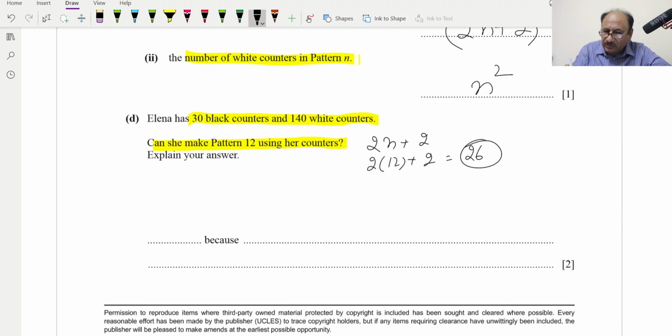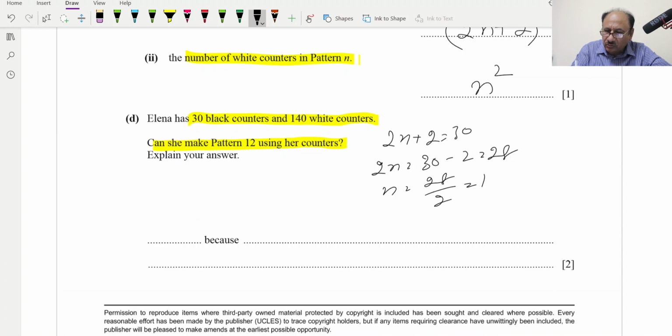Now we can equate this to 30 black counters, so we can write 2n plus 2 is equal to 30, and 2n is equal to 30 minus 2, which is equal to 28. So n is equal to 28 over 2, which is equal to 14.